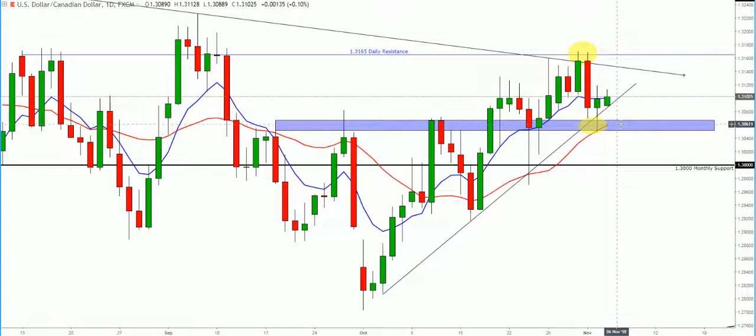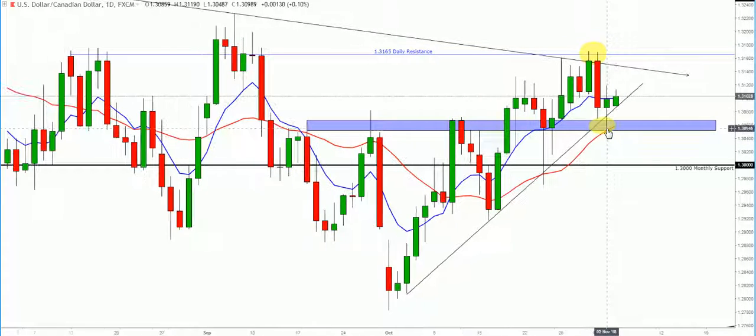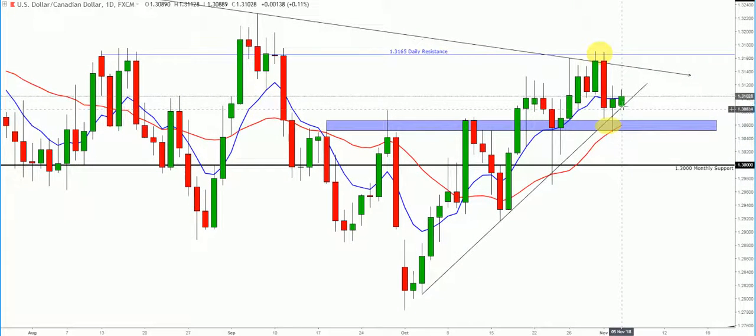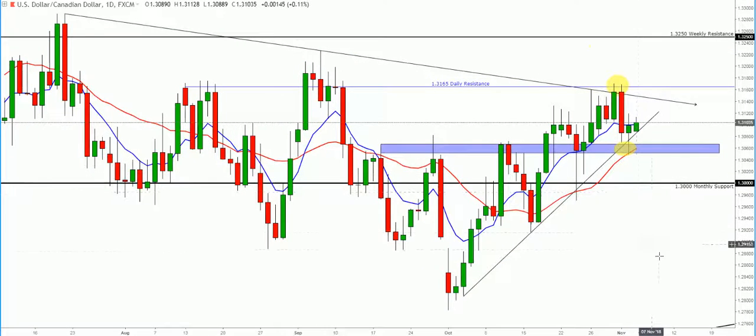Initially, we'll hit that 1.3060 region once more before potentially testing that 1.3 psychological level. That could lead to a moving average crossover to the downside, in which case we could potentially be seeing another move towards the downside.